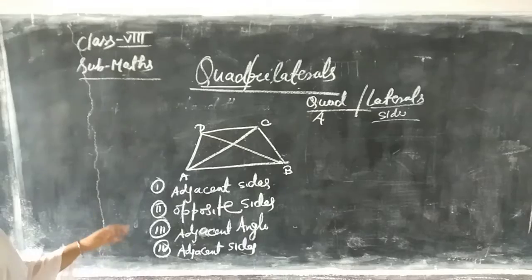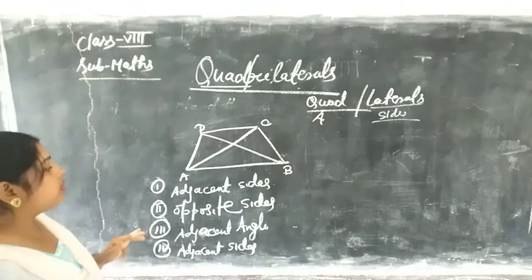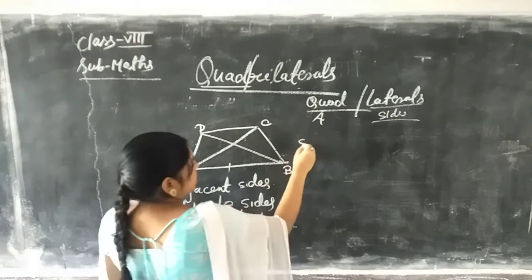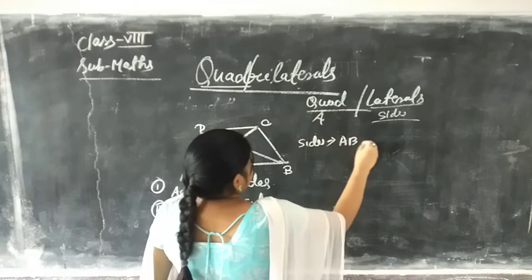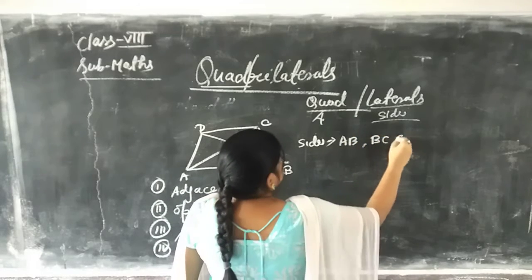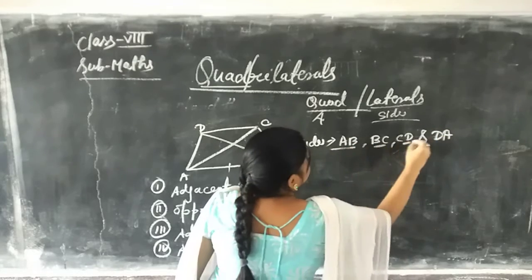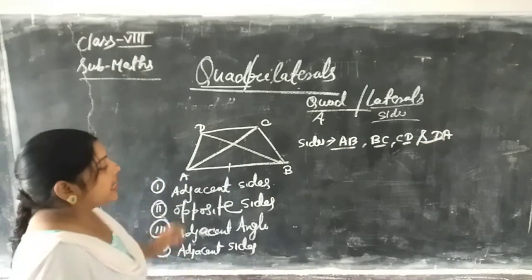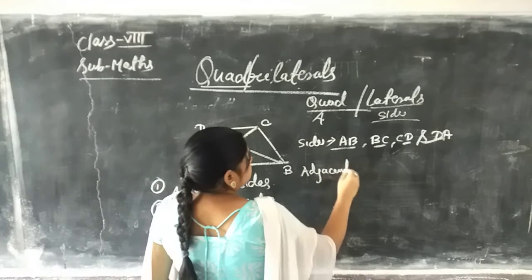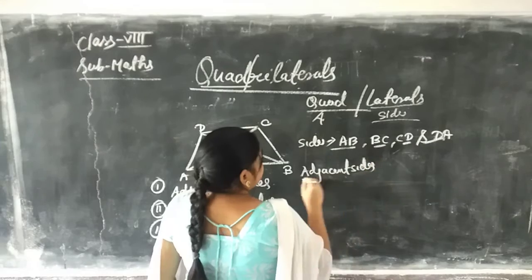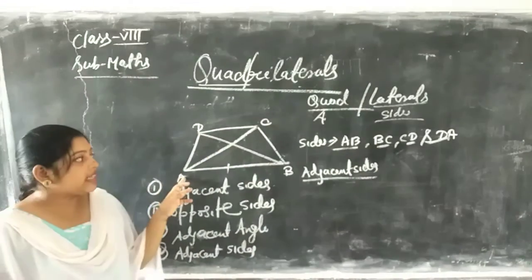So in that figure, what are the adjacent sides? Look at this figure. There are four sides. First we write all the side names: AB, BC, CD and DA. In adjacent sides, one vertex is common.